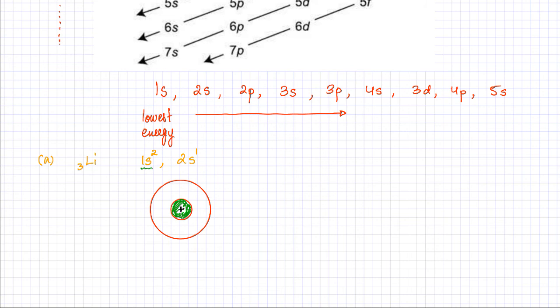Then there's going to be a very high probability of finding an electron in the 2s subshell, that is the 2s orbital. It has 1 electron. So there's going to be 2 electrons in this spherical region, and 1 electron in this larger spherical region. So this is what the lithium atom would look like.